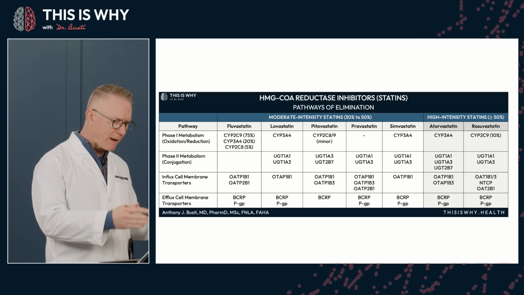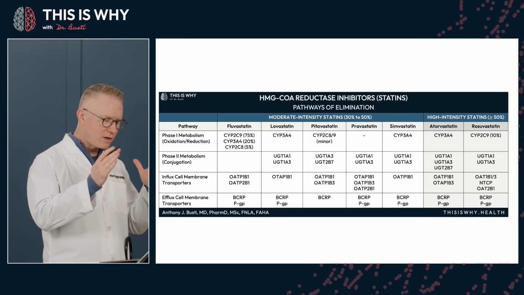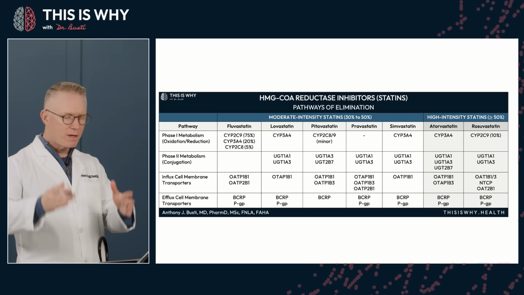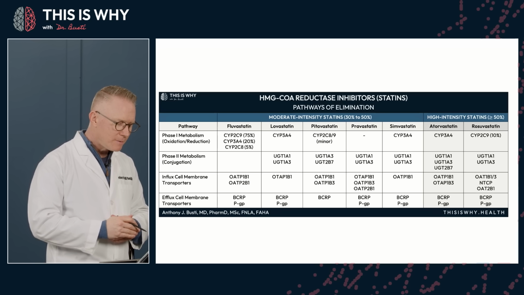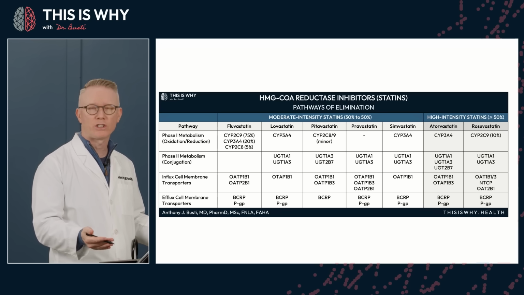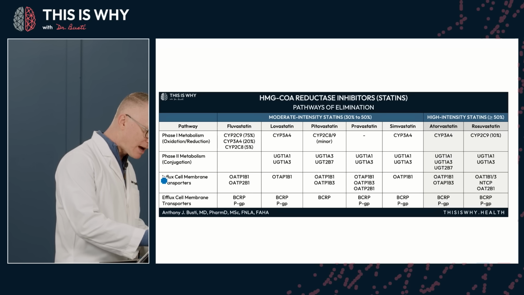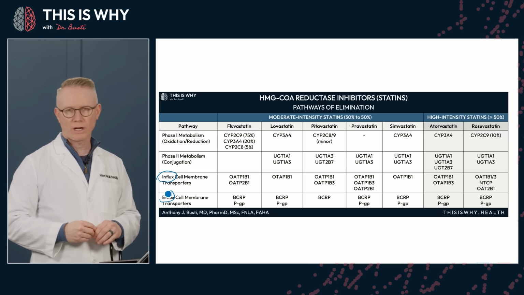Okay, so here are the pathways of elimination. Again, I kept it in those standard sections, with our moderate intensity statins in the middle because they're the majority of them, and then on the far right our high intensity statins. You can see at a quick glance that a lot of these drugs go through multiple pathways, including transporters. When we talk about transporters, I broke it down by influx transporters and efflux transporters.